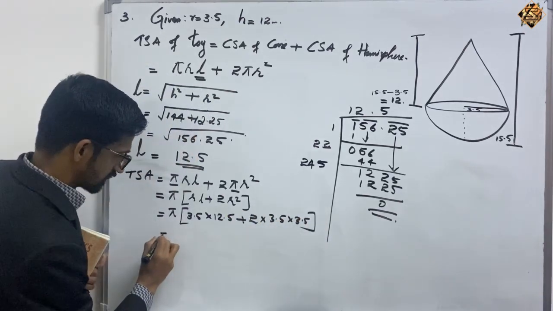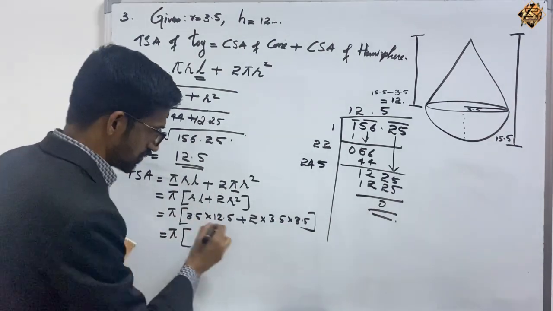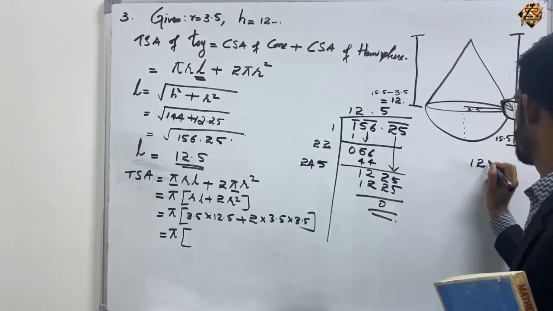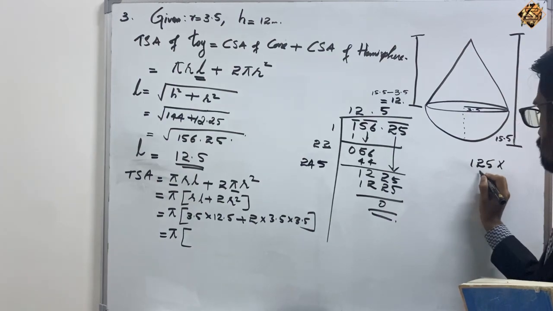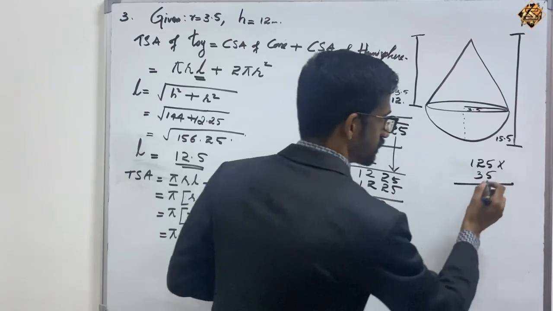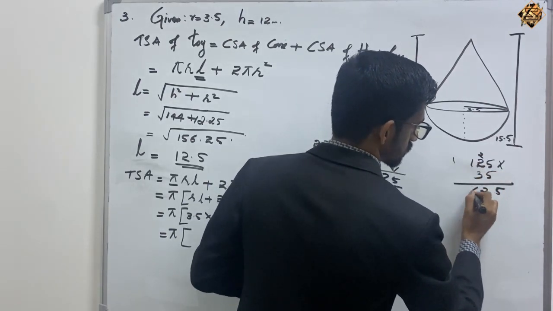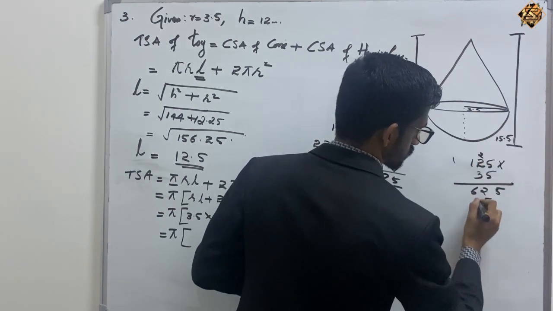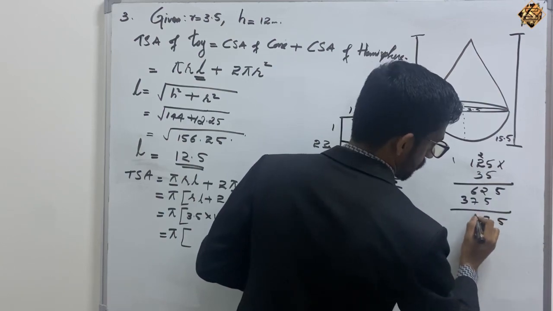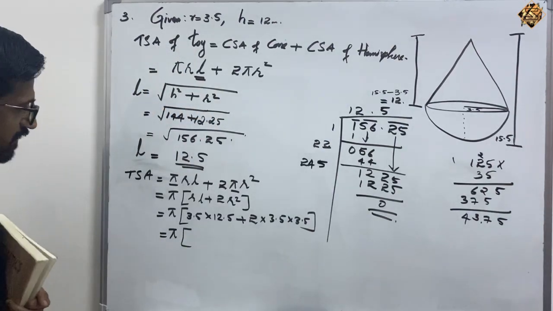We need to calculate very carefully. So first, 12.5 into 3.5 is 43.75.